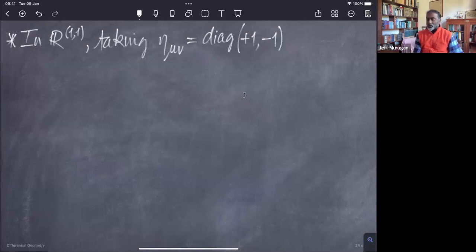You can see that, when we go to higher dimensions, I'm going to be using the mostly minus signature metric, so that'll be +1, -1, -1, etc.